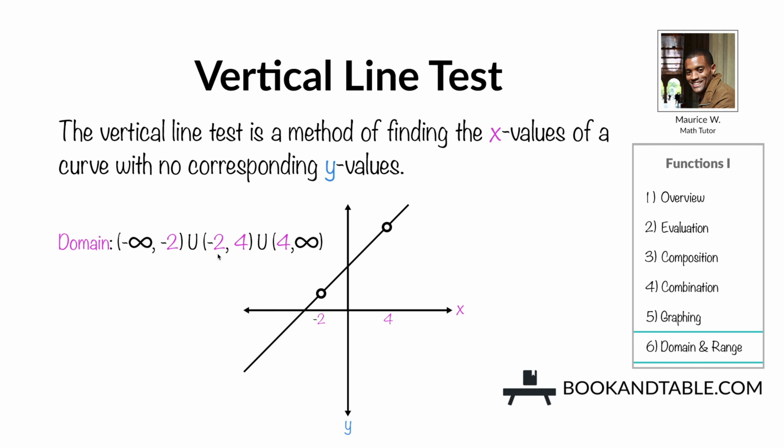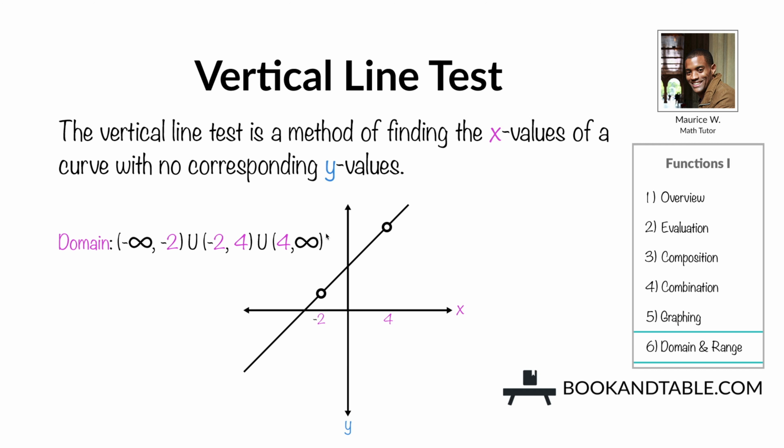And now this second interval is from negative 2 to positive 4. And notice we have parentheses since negative 2 is not included, since the circle is empty. But this second interval is from negative 2 to 4, represented here. Another union symbol between the intervals. And then the third interval is from positive 4 to positive infinity.